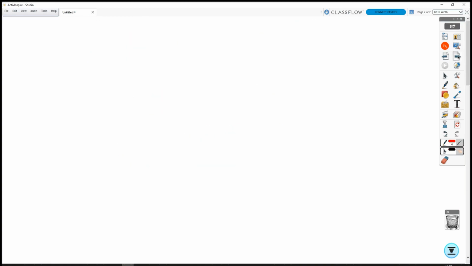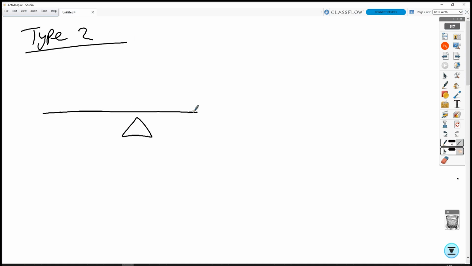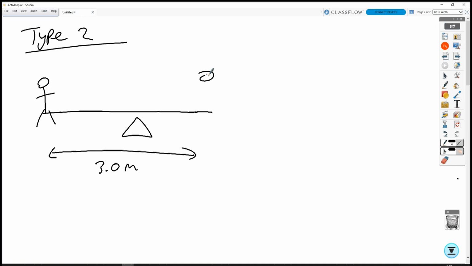Okay, next we'll do type 2. We've got a pivot. Let's say the total separation is 3.0 meters, and we've got two people sitting on the ends.